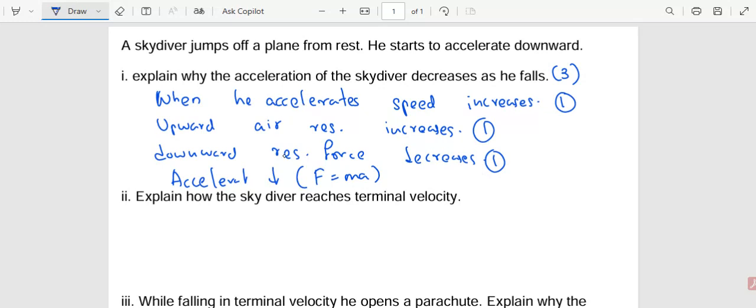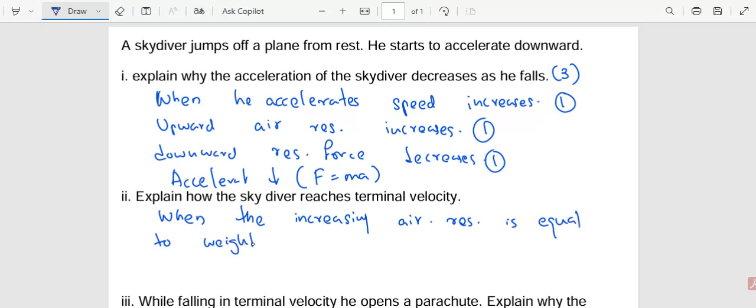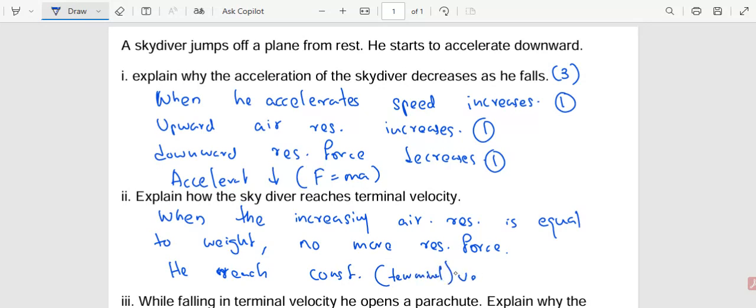Next one, explain how the skydiver reaches terminal velocity. So when the increasing air resistance becomes equal to the weight, no more resultant force will be there.